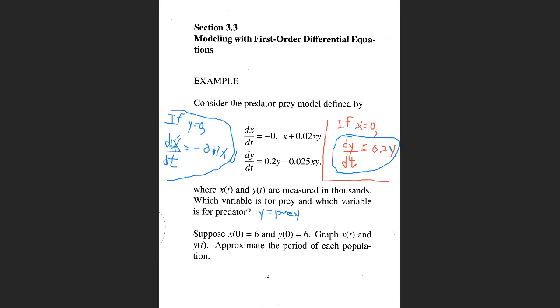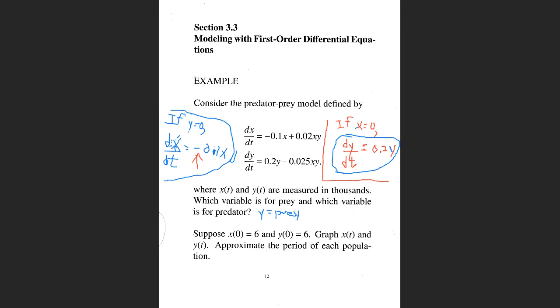If y equals 0, then the first differential equation becomes dx/dt equals negative 0.1x. Would that mean that the population of x is growing or decreasing with time? Decreasing. Good, right, Ann, thank you. So we know if there's no prey around, the predators are going to die out. So it makes sense that y is the prey and x is the predator.